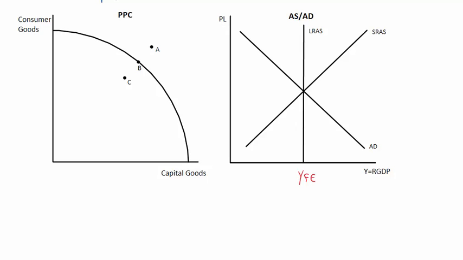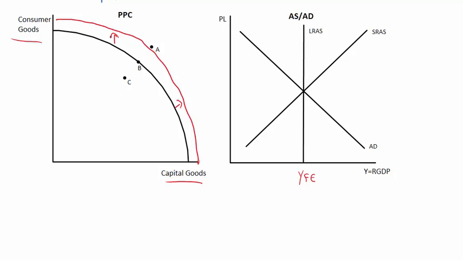Instead, we're talking about consumer goods, which are the final goods for households to buy, and capital goods, which are the intermediate goods, the machinery for businesses to buy. So those are the two things an economy can make, the finished goods or the intermediate goods. And if there's an increase in both of those, so if I draw this out here, that's going to be an increase in productive capacity and economic growth.